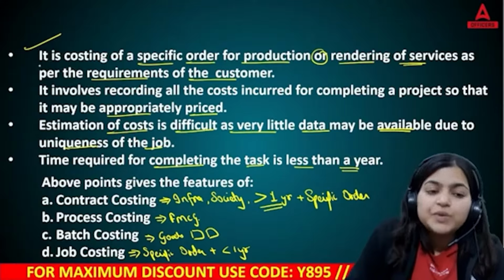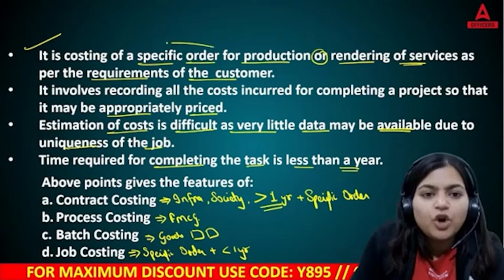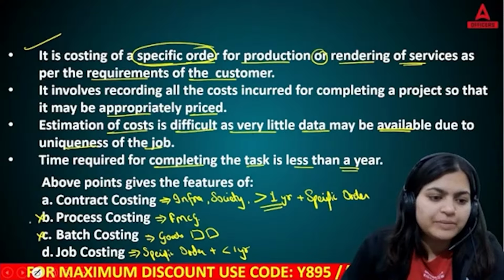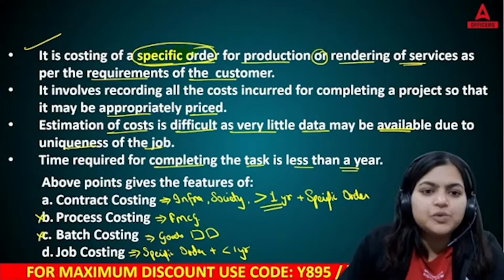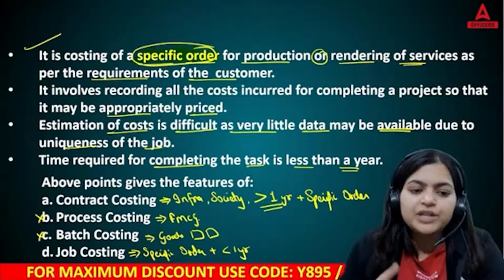So let's read these 4 points again. It is a costing of specific order. Now they are not talking about continuous processing or batch. Some specific order we are getting. So this is the first term which you need to remember. As per this you can say the answer is either contract costing or job costing.